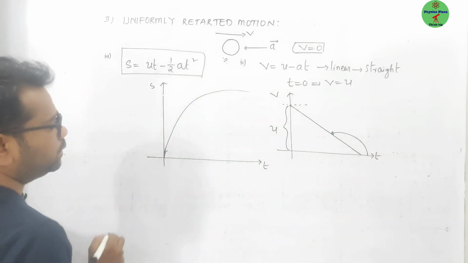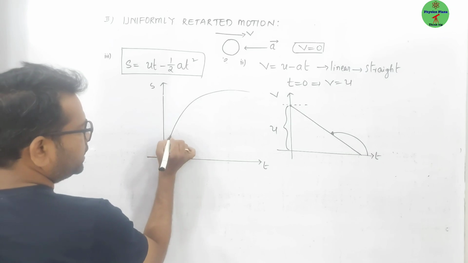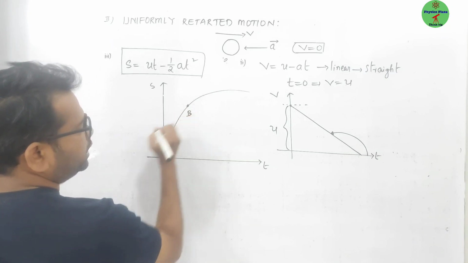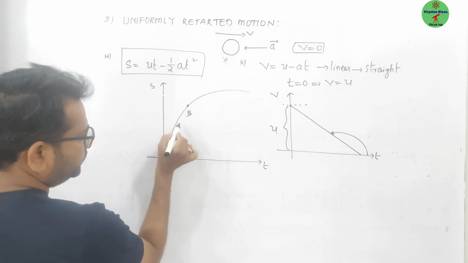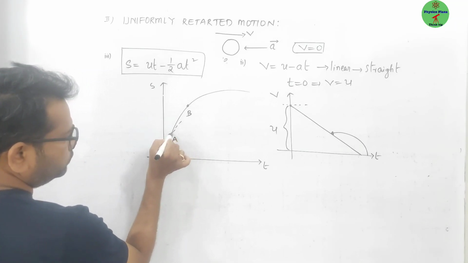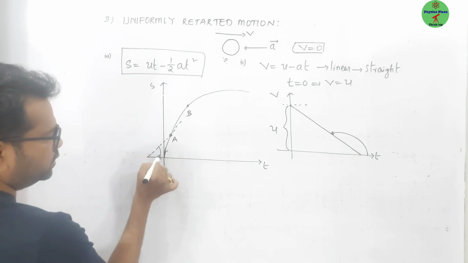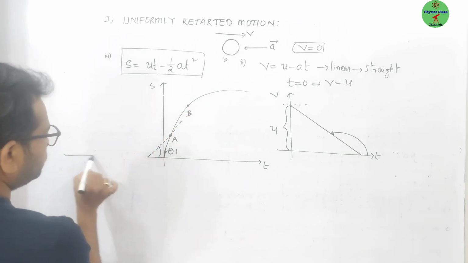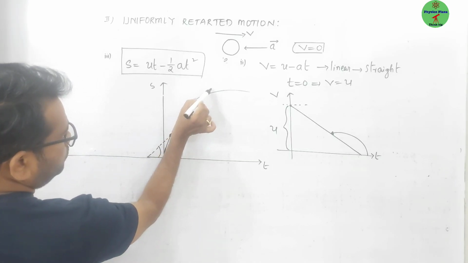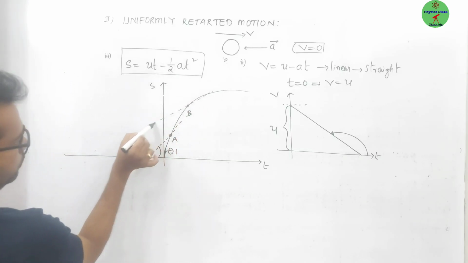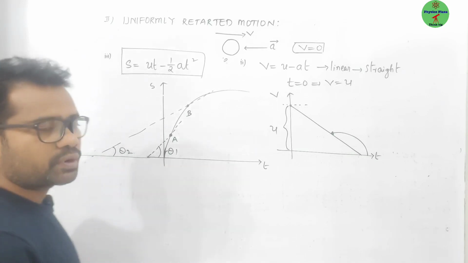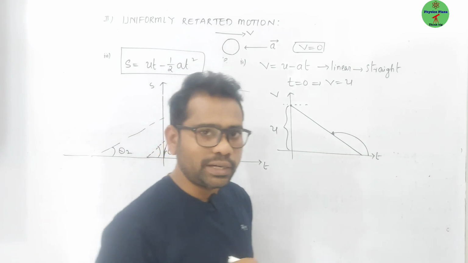If you can see, for example, at a point A you can draw a tangent, at a point B you can draw a tangent. This will be theta 1, let us say. So the slope is decreasing and is less than 90 degrees.